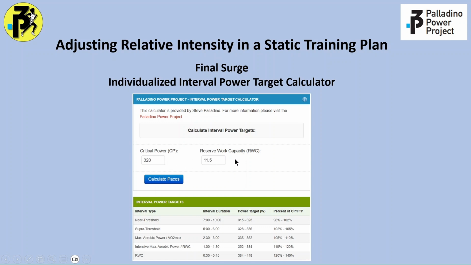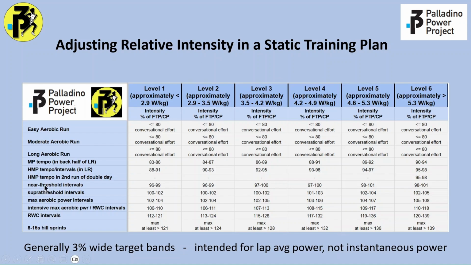Then you can plug it into this calculator. I'm going to go back a slide. For super threshold, level 4 is 101 to 103. Let's take max aerobic power because it's a little bit higher intensity: 103 to 106 for level 4.